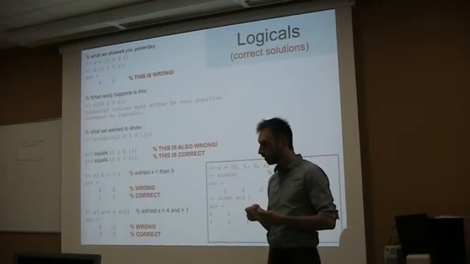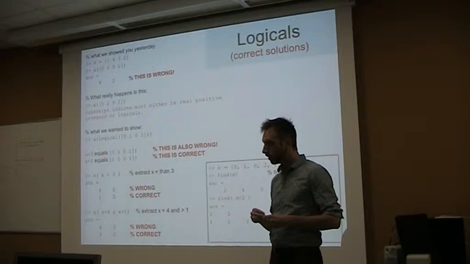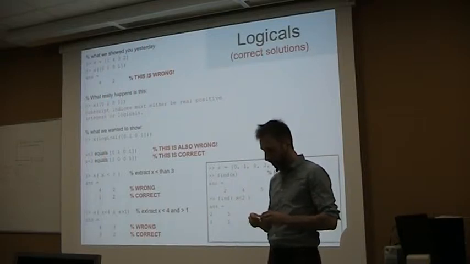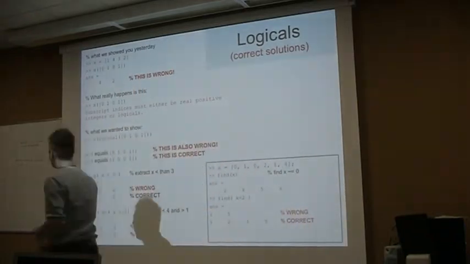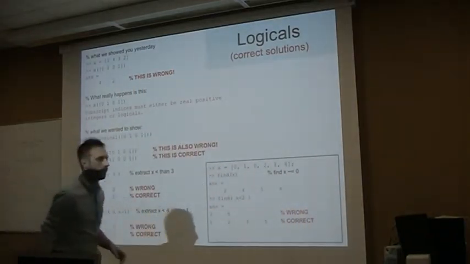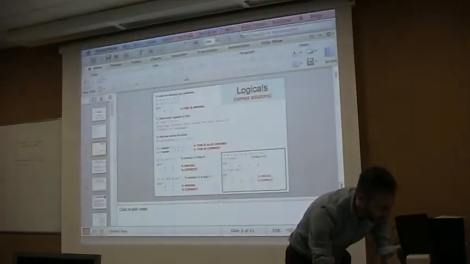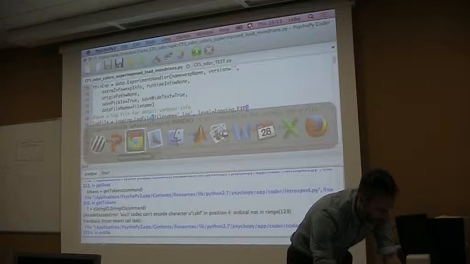What do I have to do if I want the new vector to give me just the values? What do I have to do if I want the vector to tell me the indexes of those values in the old vector? And what do I have to do in order to get a new vector containing zeros and ones telling me this is above, this is not above? Let's see if I can do this in real time in Matlab.